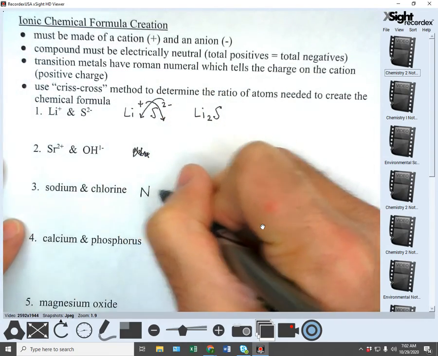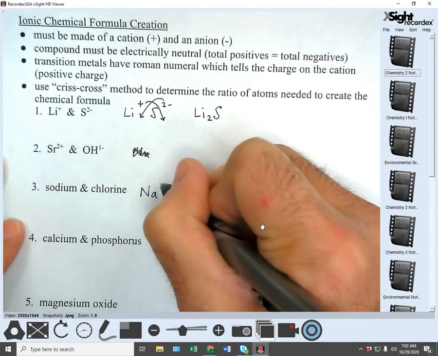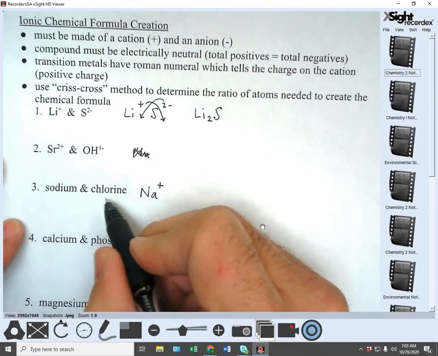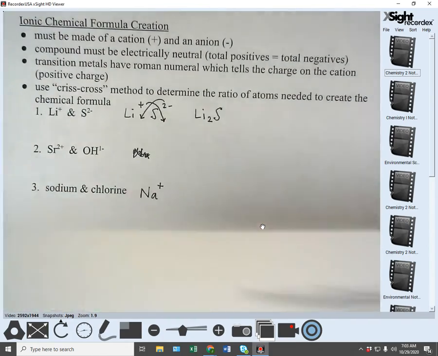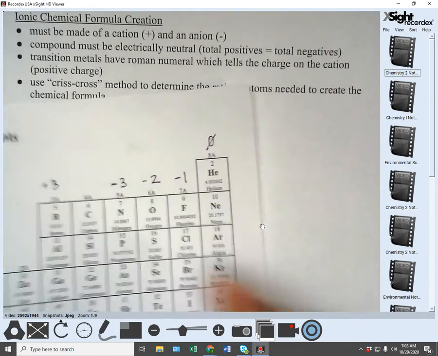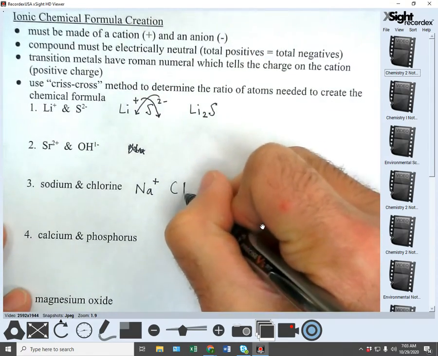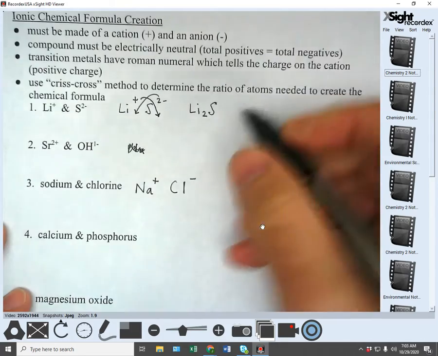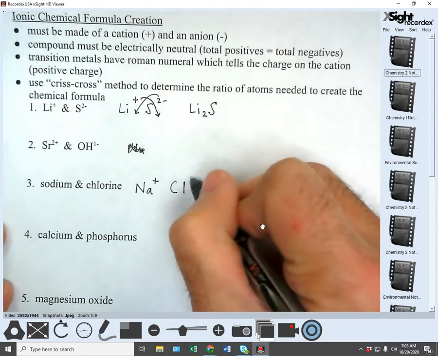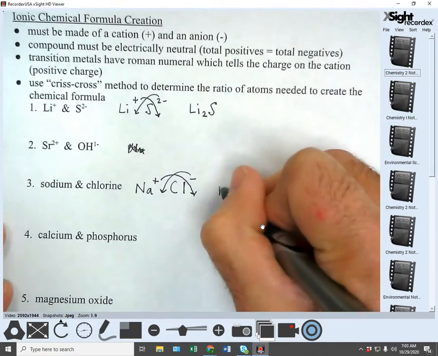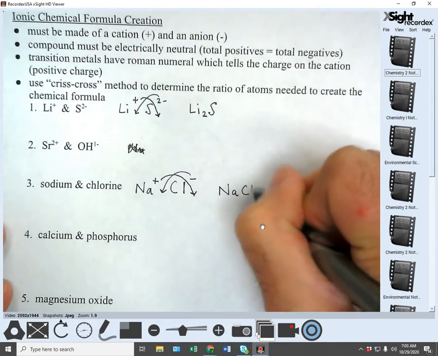Na +1. Chlorine is a -1. So Cl -1. And you cross down. And we get NaCl.